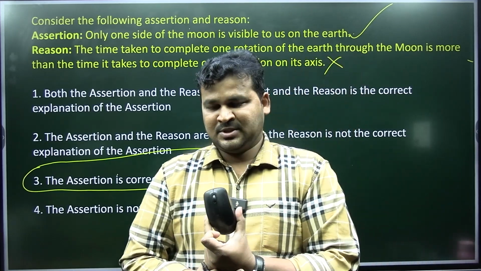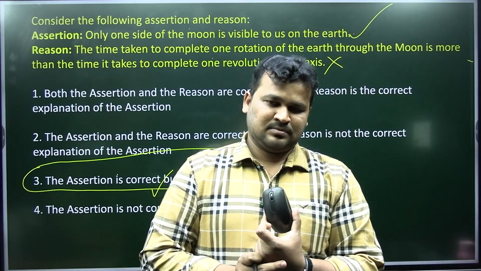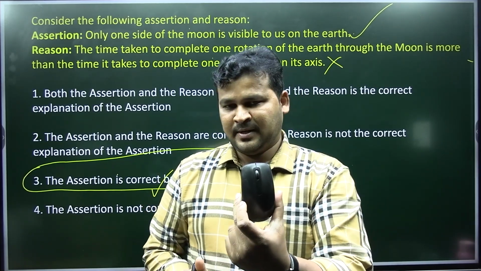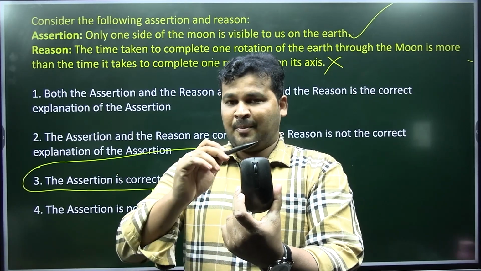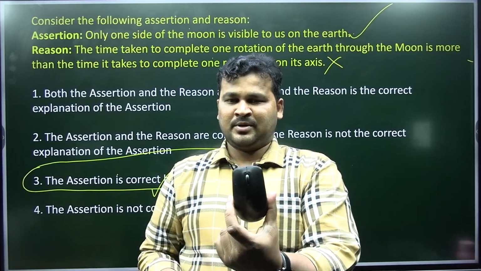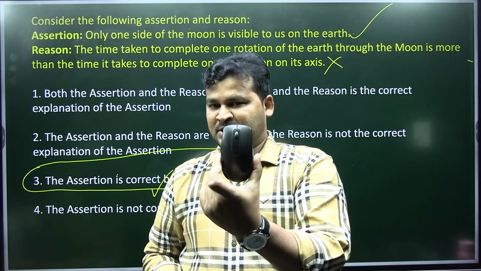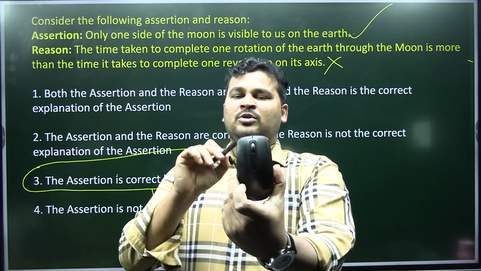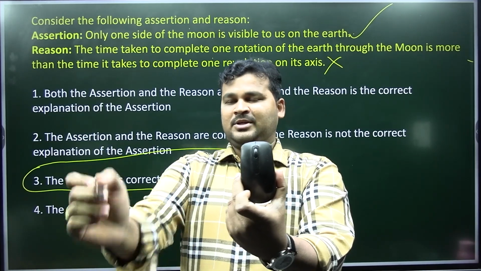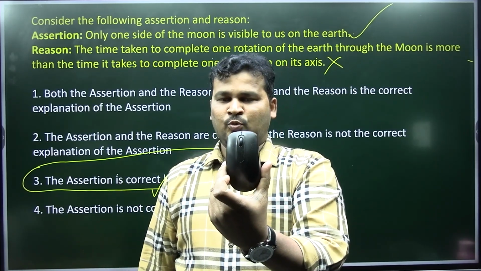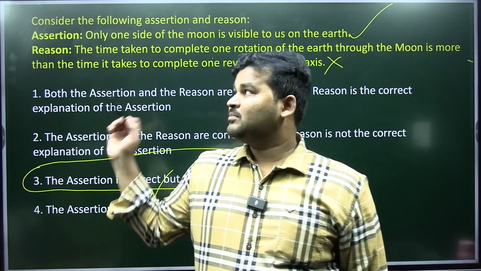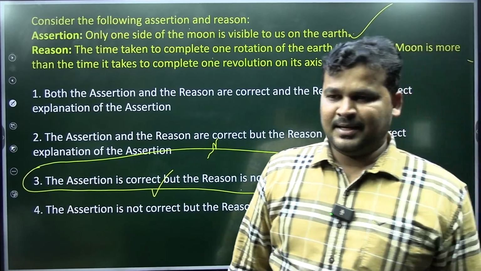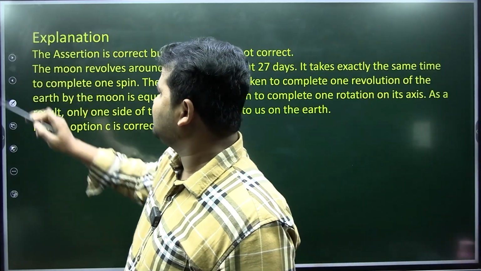The moon is an opaque substance, not transparent. So that's why we cannot see the opposite side of the moon. In a similar way, we cannot see the opposite side of this mouse. If I stand here, I can see only this side face, but not this side face, because it is opaque. So that's the explanation for this question.